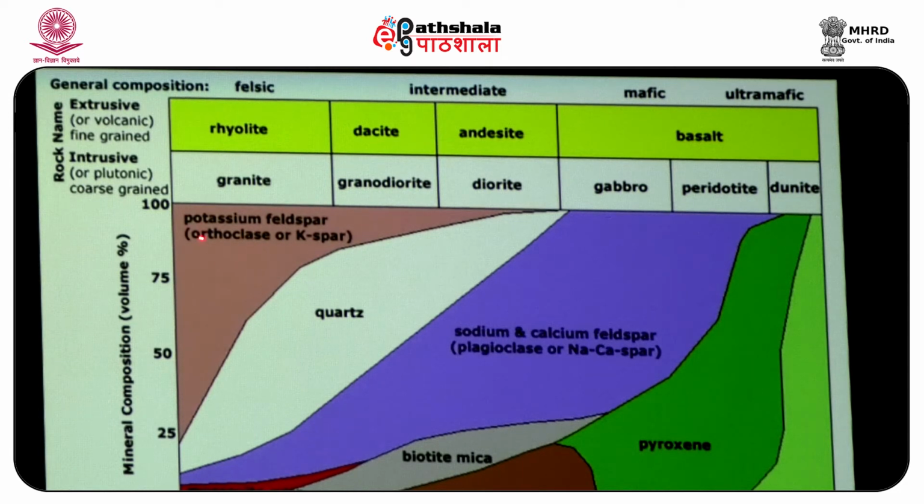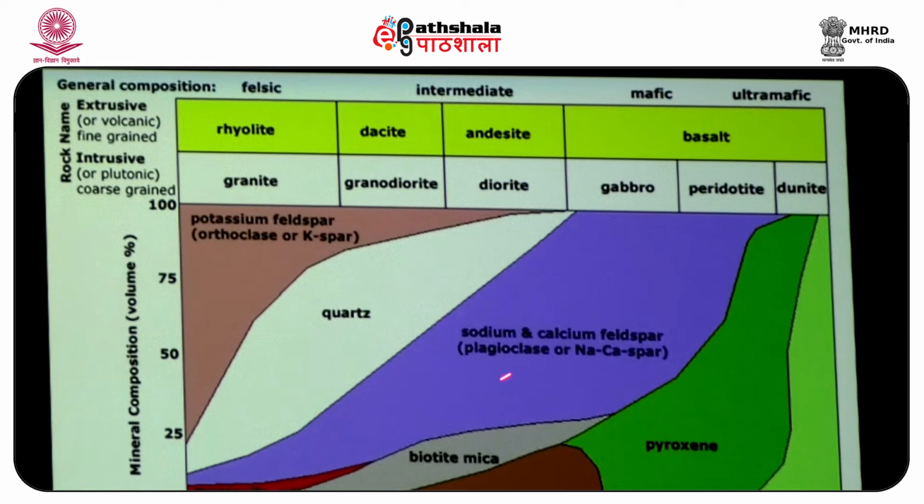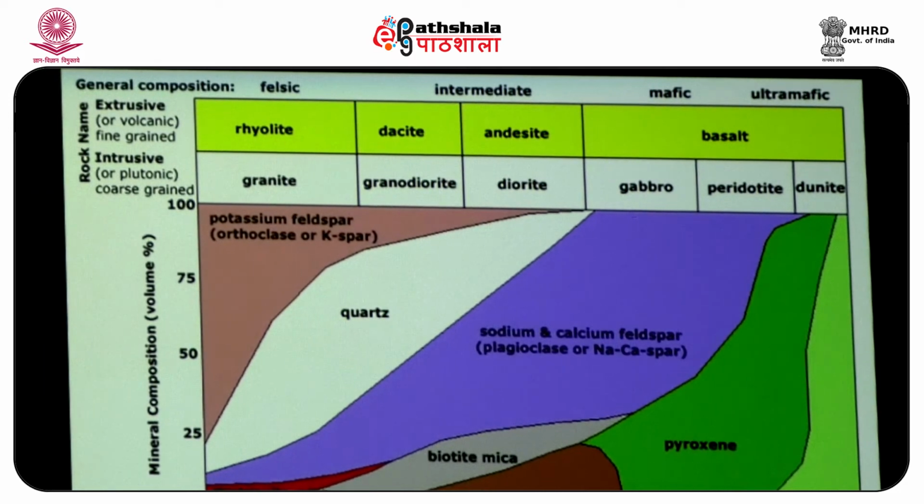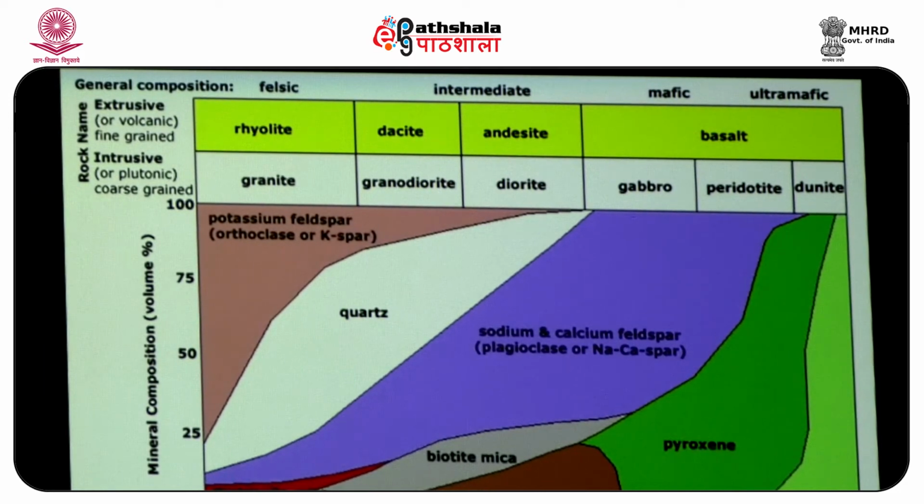This is potash feldspar or orthoclase, quartz, then sodium and calcium feldspar, that is plagioclase, and minor muscovite mica, some biotite mica, amphibole, pyroxene, and olivine.